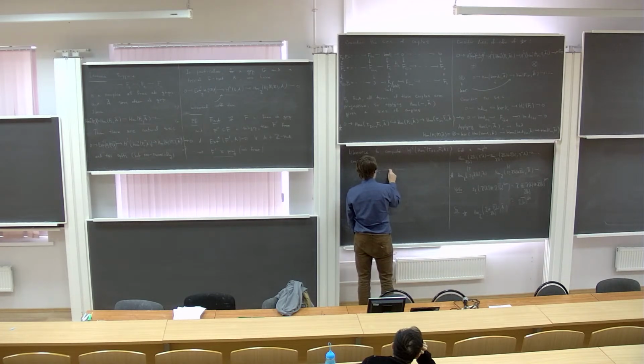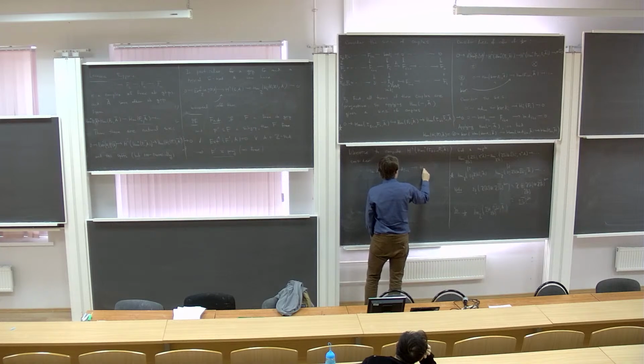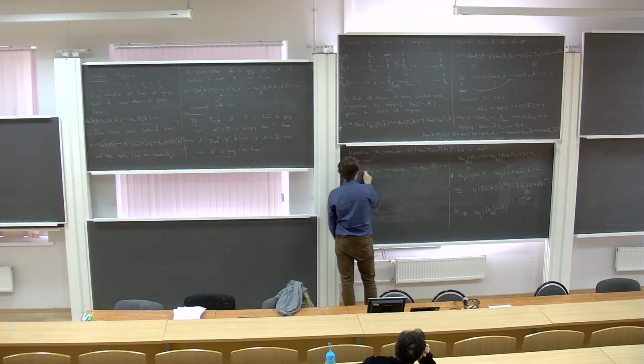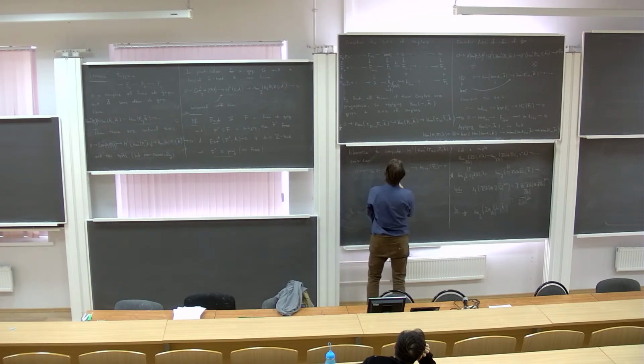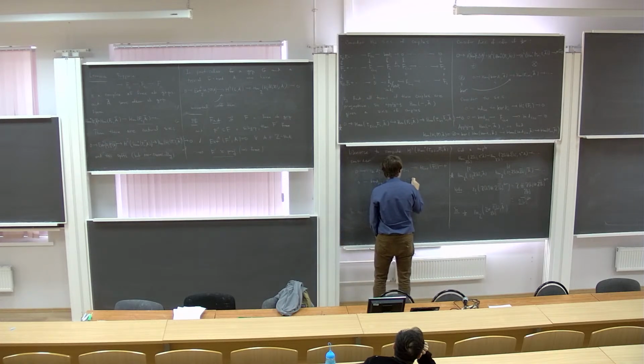So image of d_i contained in kernel of d_{i-1}. And the quotient by definition is the (i-1)st homology of F dot. So we consider this short exact sequence as well as this one. So here I have kernel and whatever the image is.